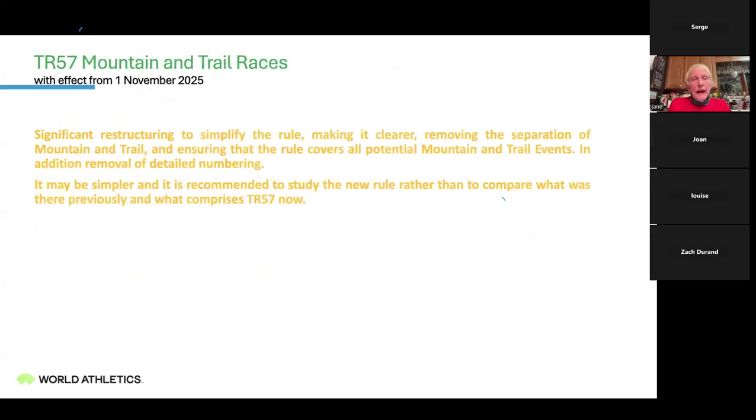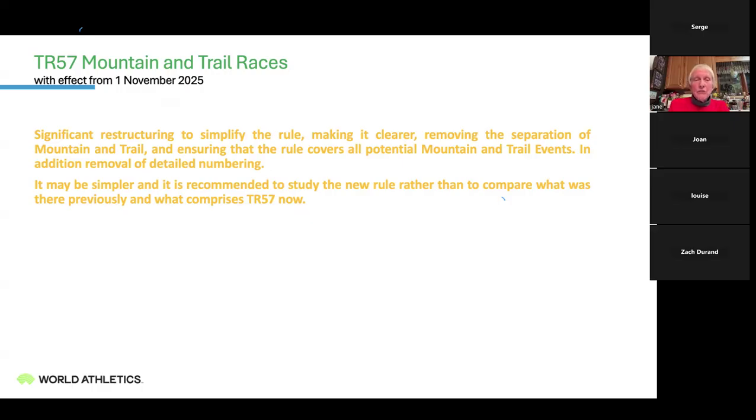I don't know how many people are involved in mountain and trail races. Out here on the prairies, we don't do too many mountain races, but there is a significant restructuring to simplify the rule, making it clearer, removing the separation of mountain and trail, and ensuring that the rule covers all potential mountain and trail events.